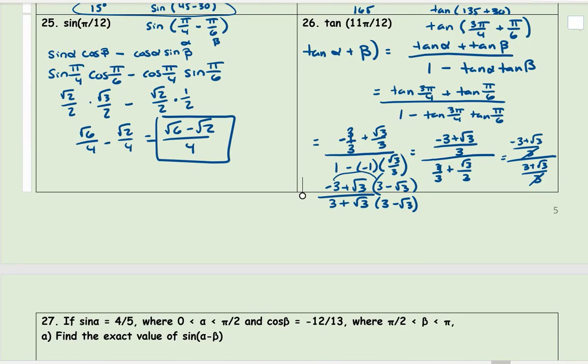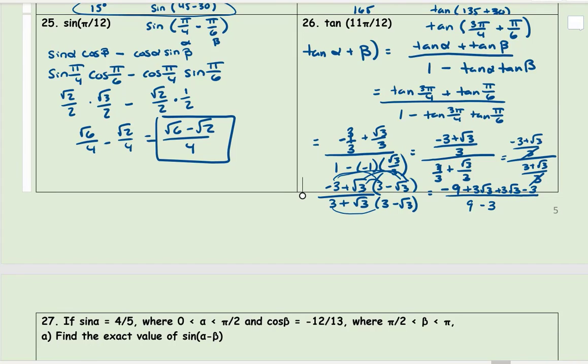So -3 times 3 is going to be -9. -3 times -root 3 is going to be +3 root 3. 3 times root 3 is going to be another +3 root 3. Positive root 3 times -root 3 is -3. Now 3 times 3 is 9, and root 3 times -root 3 is going to be -3.